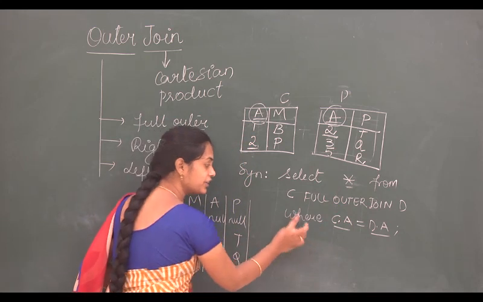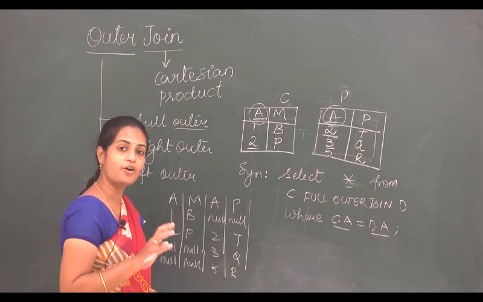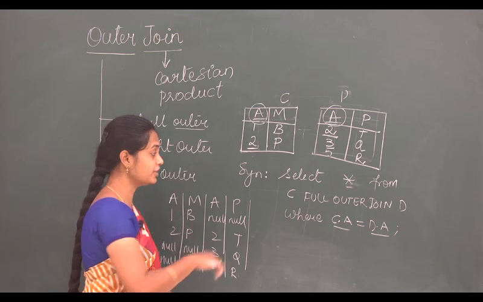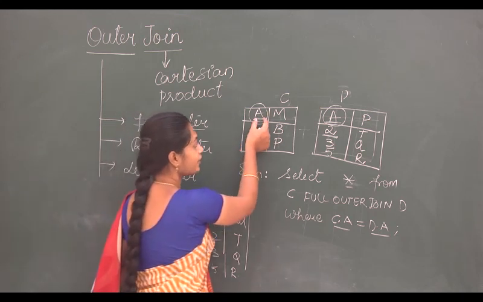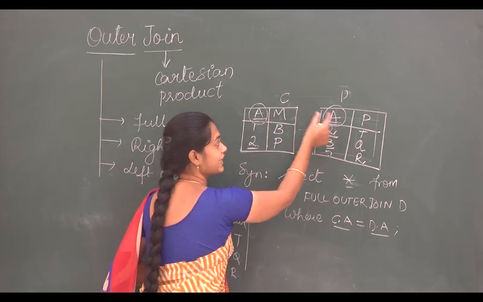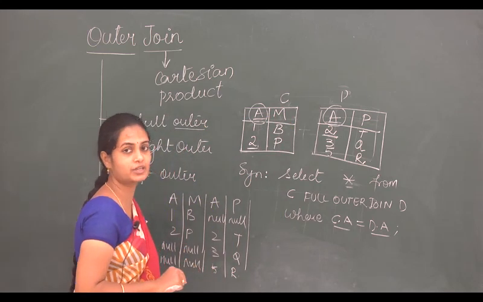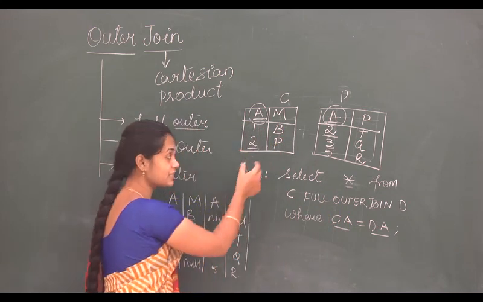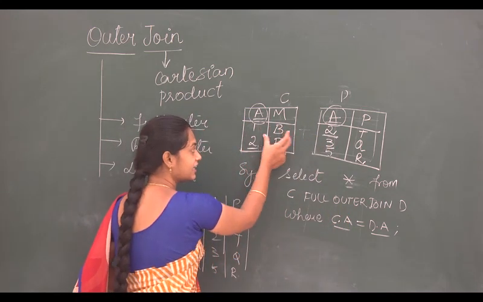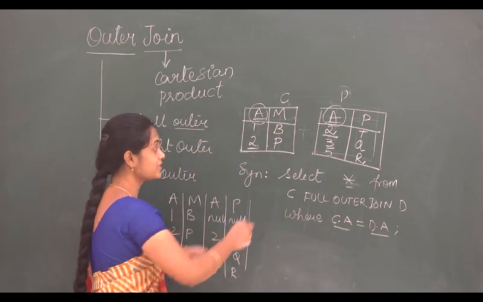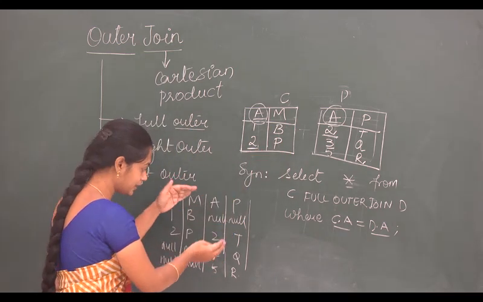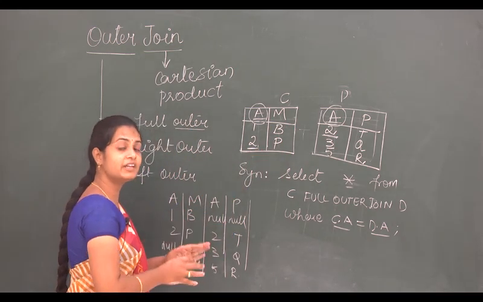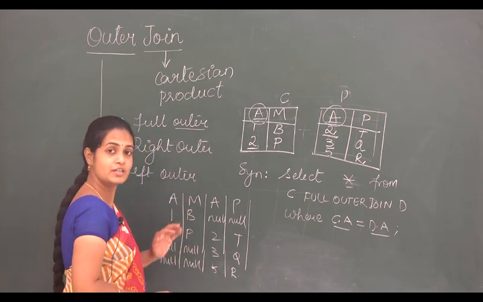Okay, and then you need to write the where condition, and always in the where condition you need to mention the common attributes between the two tables. Okay, so when you mention it like this, what happens? Whatever data you have in these two tables, those entire details will be retrieved here. But how it will be retrieved, that we have to see here.